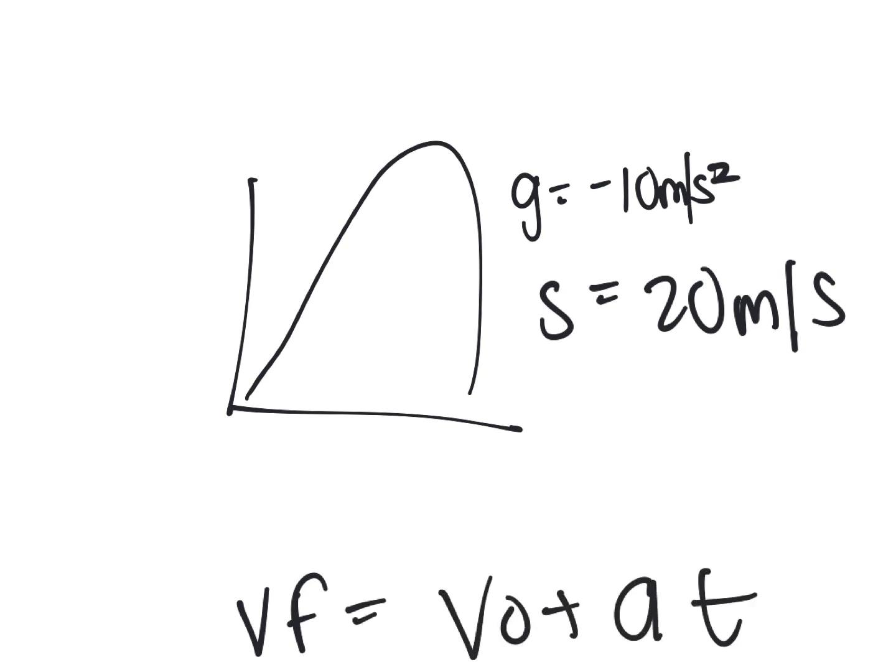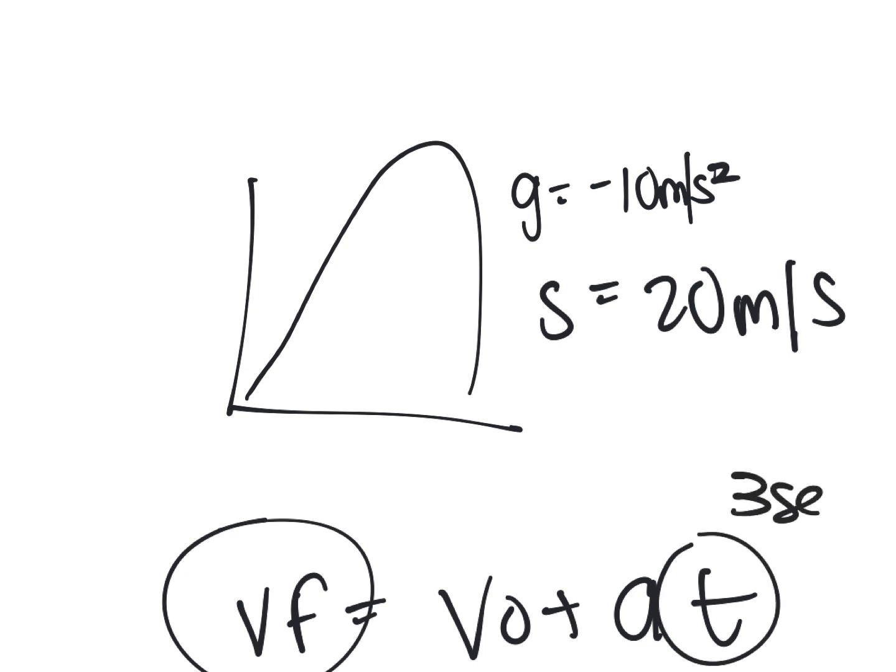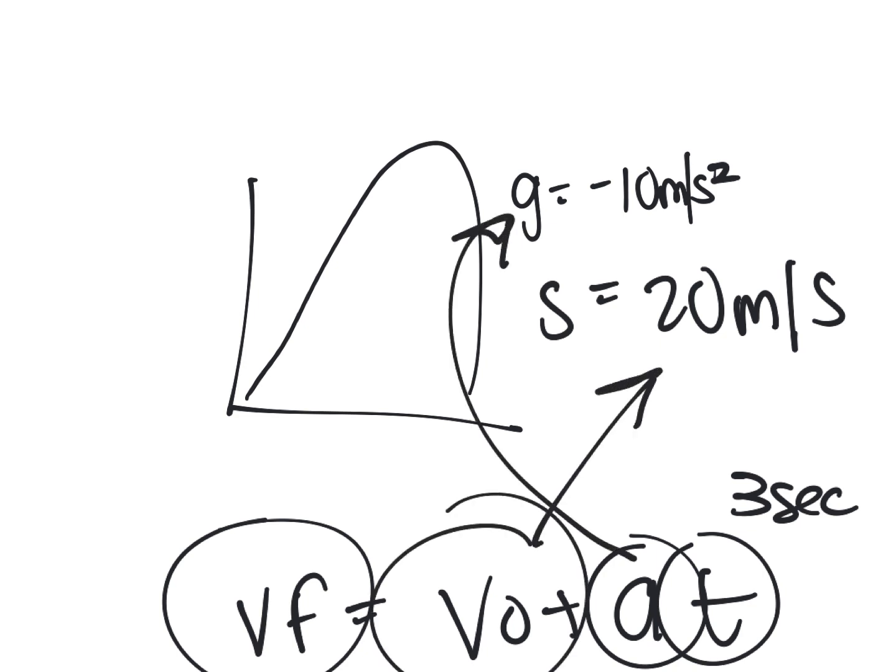we want to find the final velocity. We know that t will be 3 seconds, our acceleration will be the gravity, and our initial velocity will be 20.